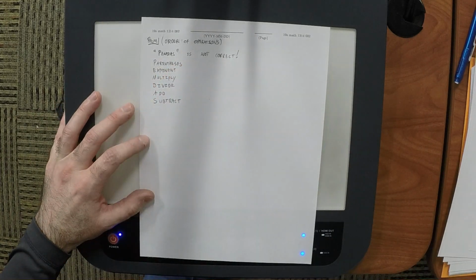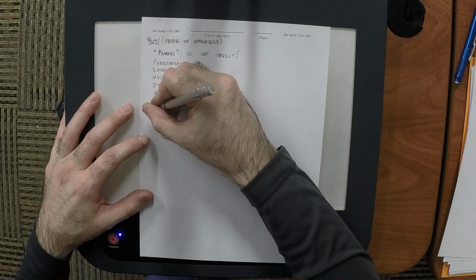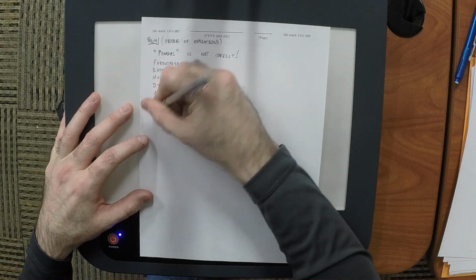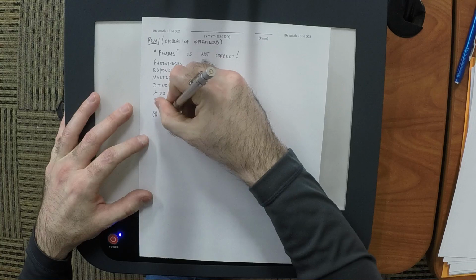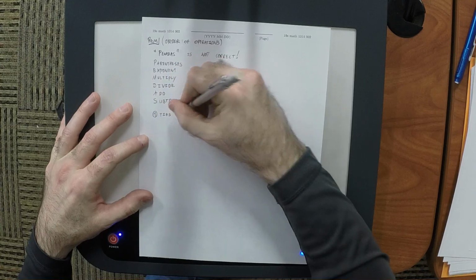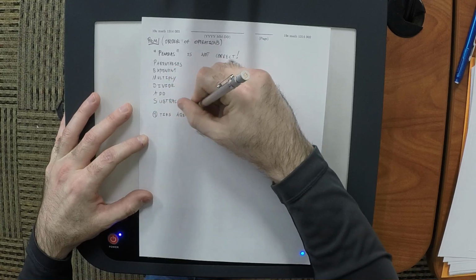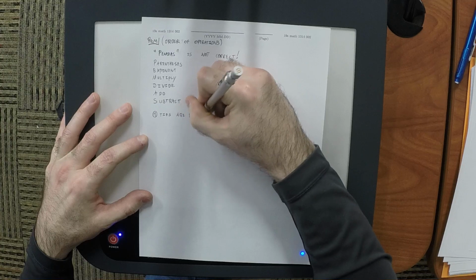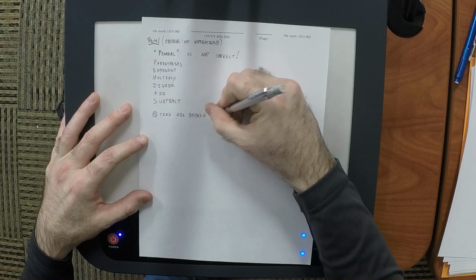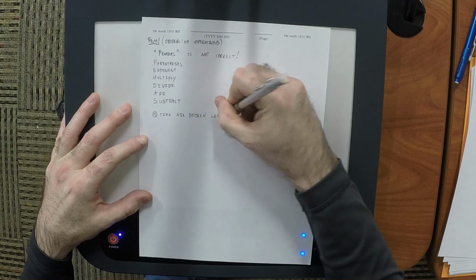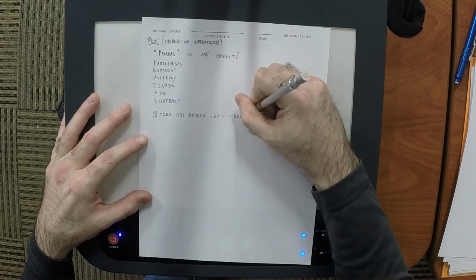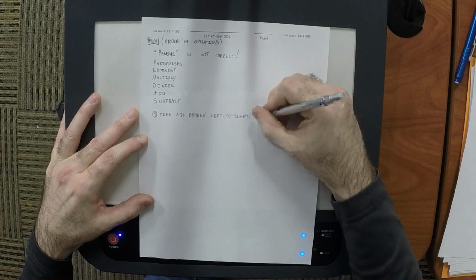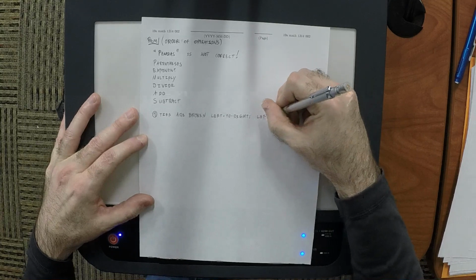So the rule actually consists of two parts. The first part is that ties are broken left to right, which is to say that the leftmost wins.